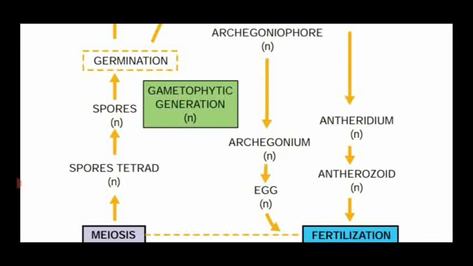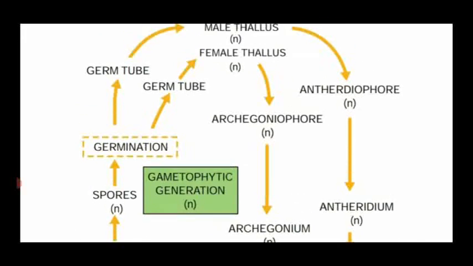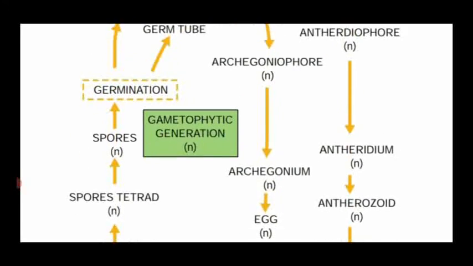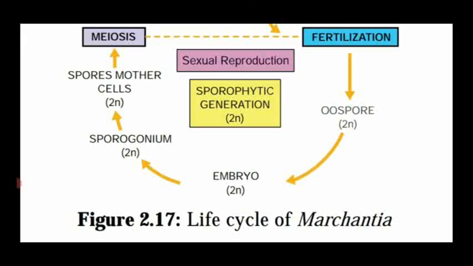Then these spores germinate and form a germ tube, one into a male thallus and another into a female thallus. So that is said to be the life cycle of Marchantia.